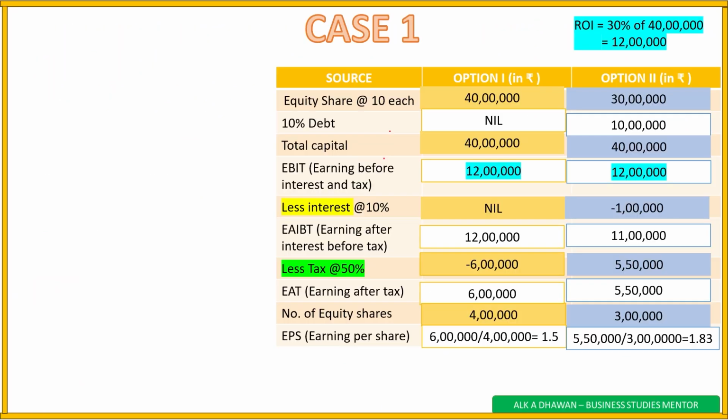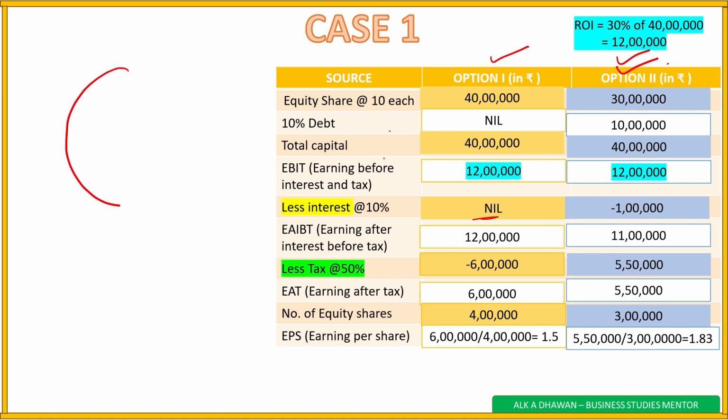Now let's try to understand what the term tax deductible means. Like when we talk about the case 1 or the option 1, there is no interest, so the interest deductible point does not arise, so we will be considering option 2.